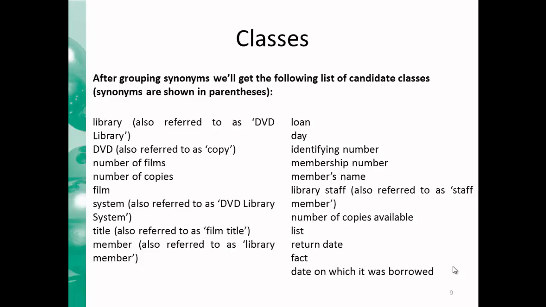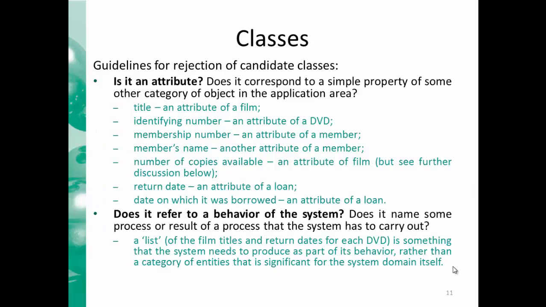We need here to distinguish between the DVD as a tangible thing and the film itself as an intangible thing. So you may have many DVDs of a single film in the library. So many DVDs for the same film may exist in the library.